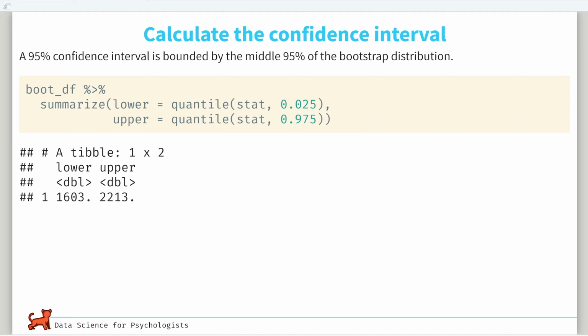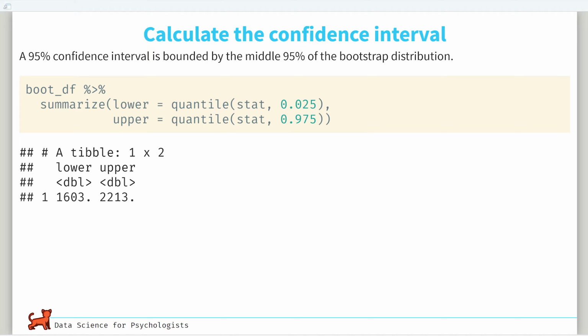And effectively, what we do to calculate a confidence interval is just summarize using quantiles. So the upper and lower limit, we just extract those from our data. So for a 95% confidence interval, we want 2.5% on either side.